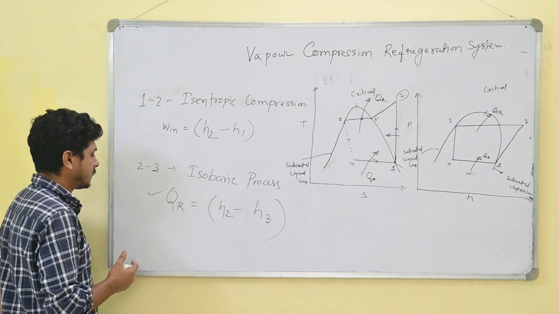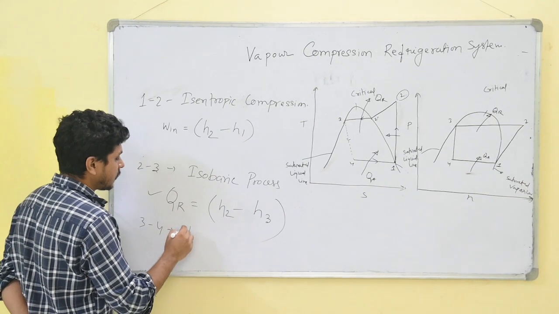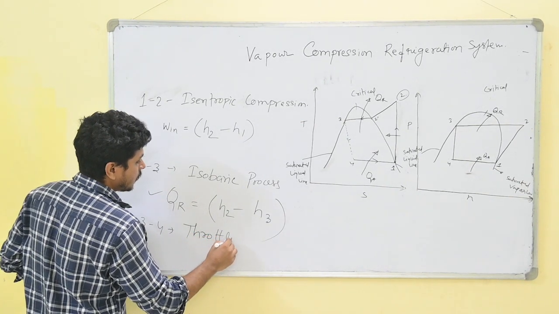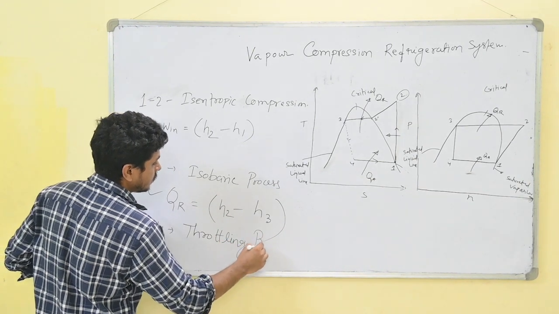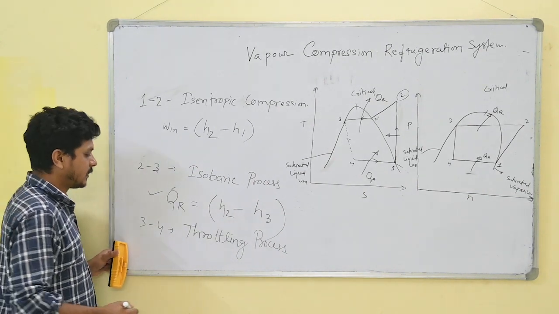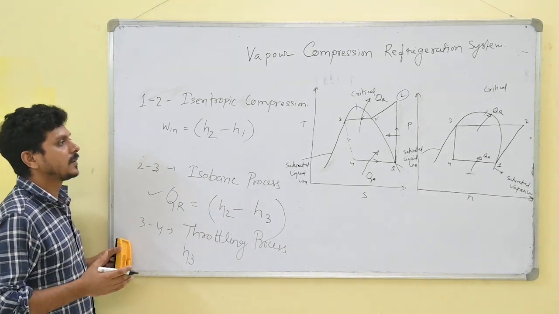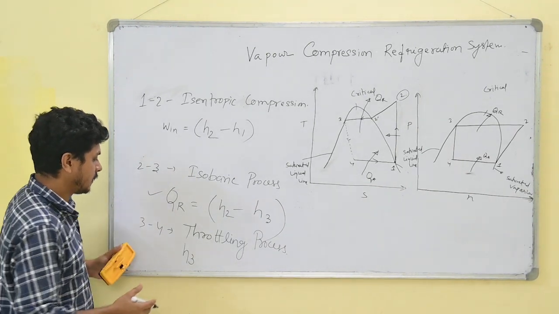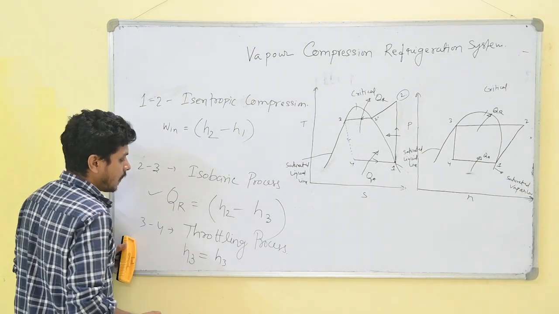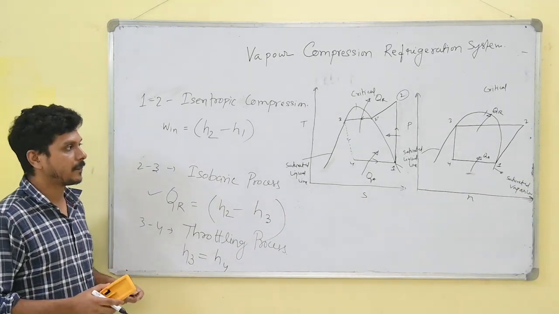After that, 3-4 is called the throttling process. Here the inlet enthalpy of the refrigerant is equal to the outlet enthalpy of the refrigerant at the throttling valve.